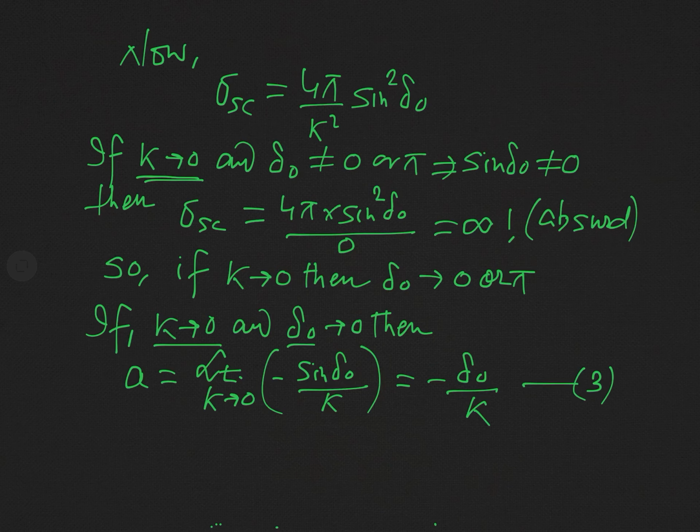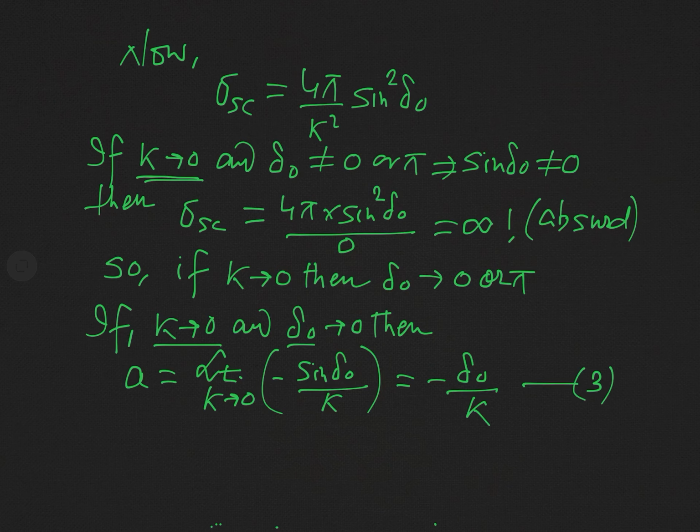Say this is equation 3. So in this limiting condition, that is the condition of very low incident energy of neutron, the scattering length is actually equal to minus delta naught over k.